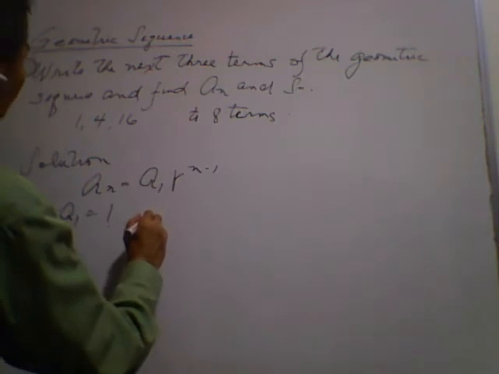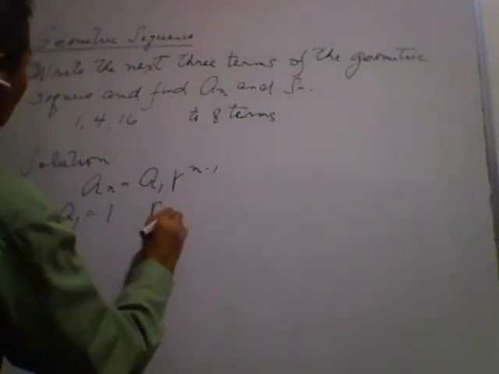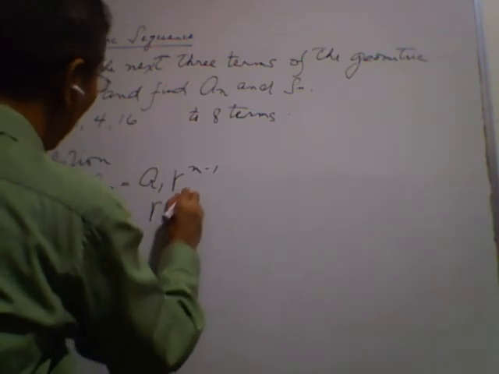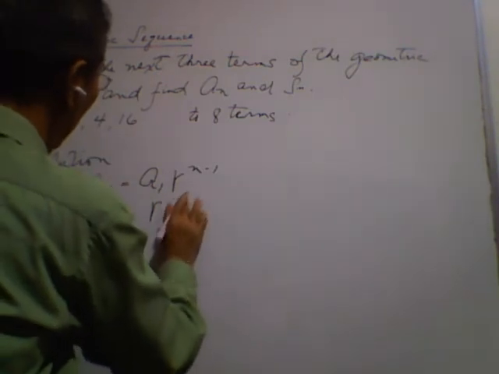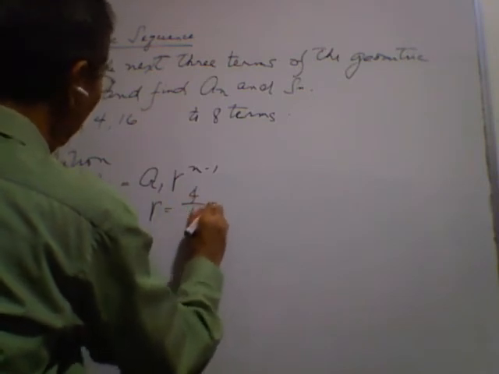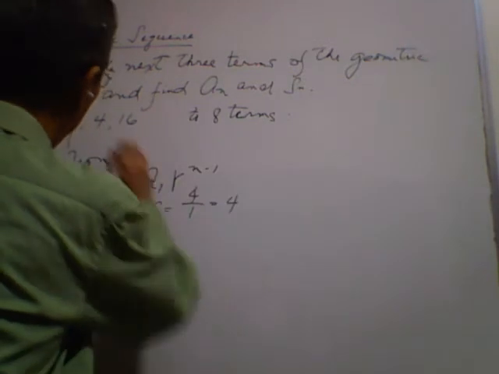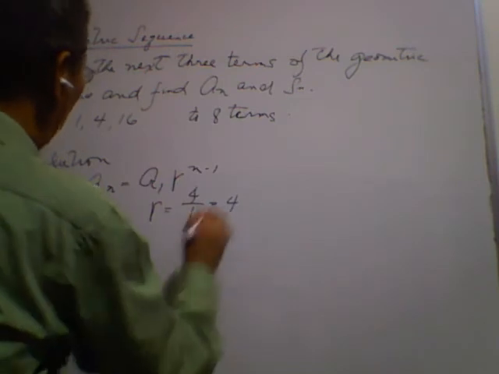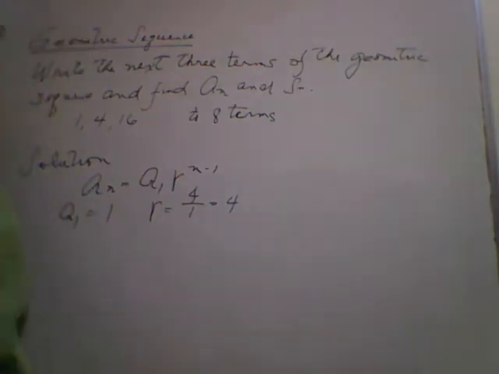The geometric ratio, for example here, R is 4 over 1, which is equal to 4, or 16 over 4. So we know the geometric ratio.